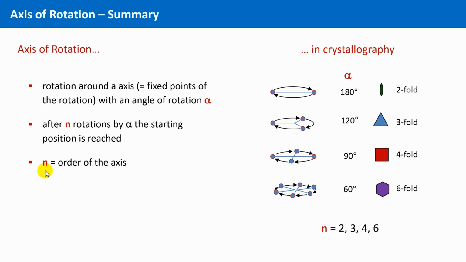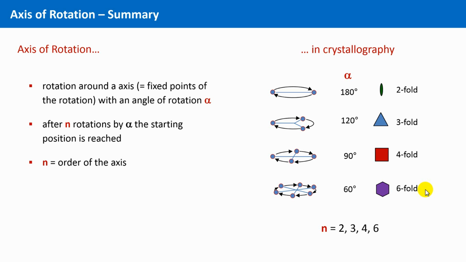Interestingly, and in contrast to other macroscopic objects, the order of rotational symmetry in crystals is limited to only these axes of rotation. We find 2, 3, 4, and 6, but not 5, and also not axes of order higher than 6 in crystals. We will explain this later in this course when we deal with quasicrystals. But for now, take this simply as an interesting fact.